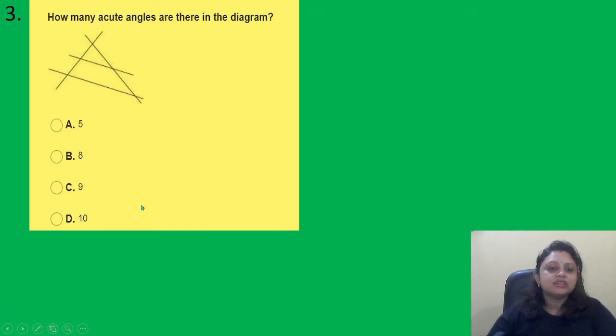How many acute angles are there in the diagram? Option A 5, B 8, C 9, D 10. Let us find out. So these two are acute angles, right? Then these two, then these two, next these two, and these two.